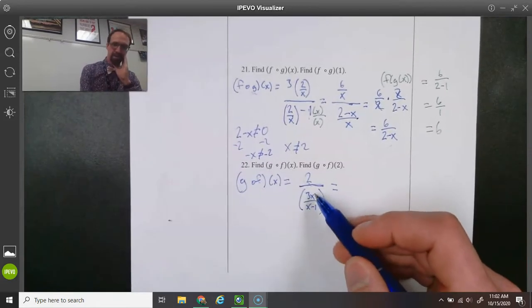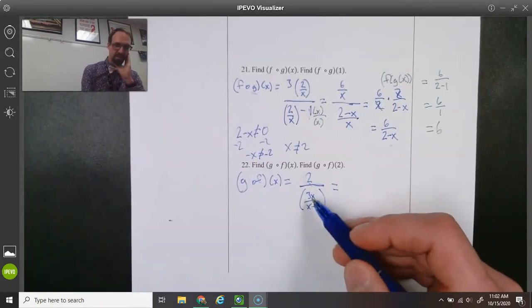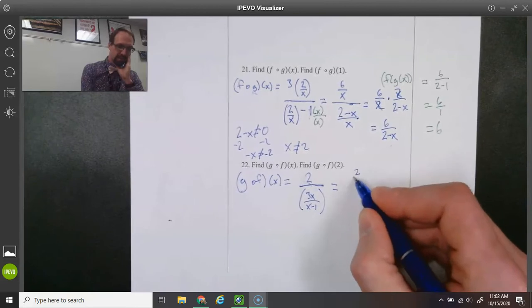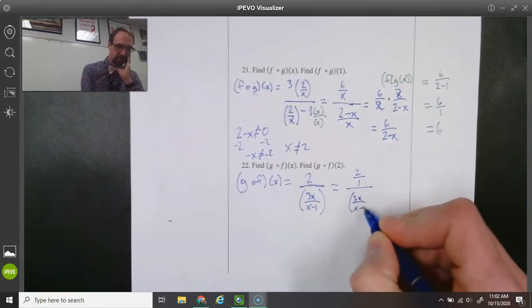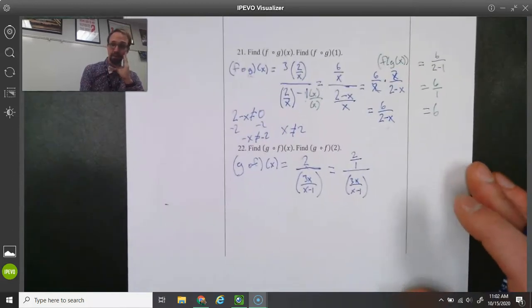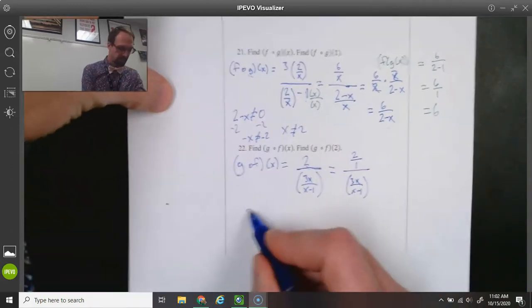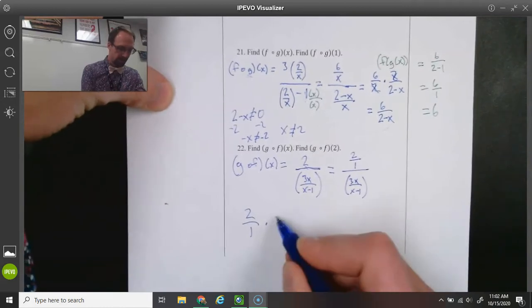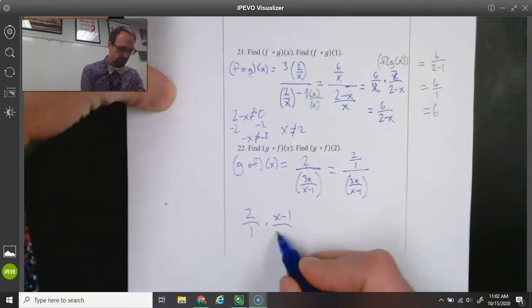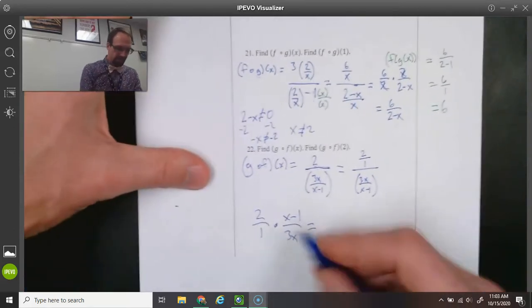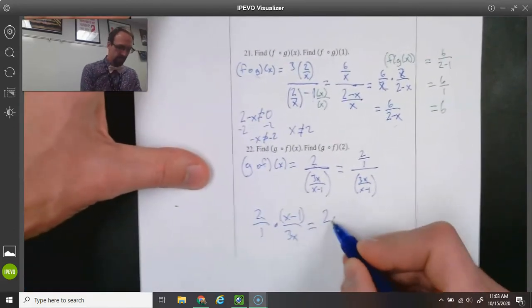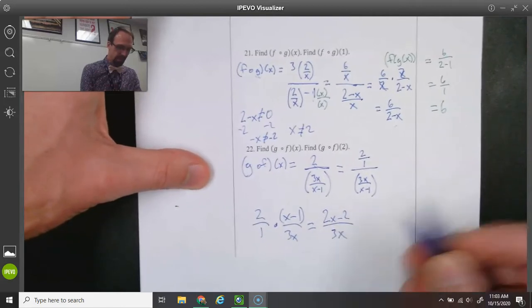The set of parentheses here tells you how to set this up. This is really 2 over 1 all over 3x over x minus 1. Now, multiplying by the reciprocal, we get 2 over 1 times x minus 1 over 3x. That's going to be, distributing, 2x minus 2 all over 3x.